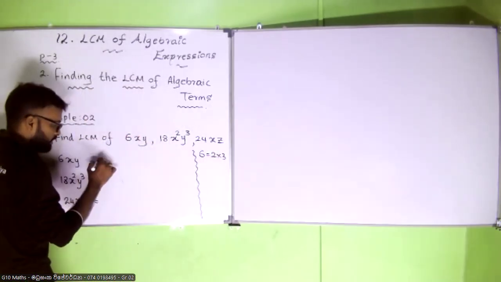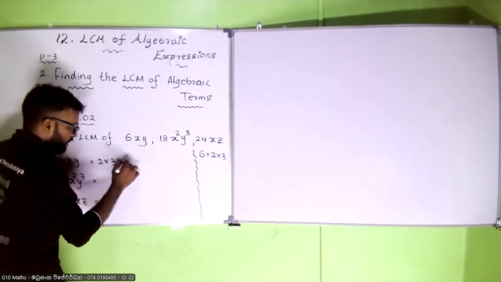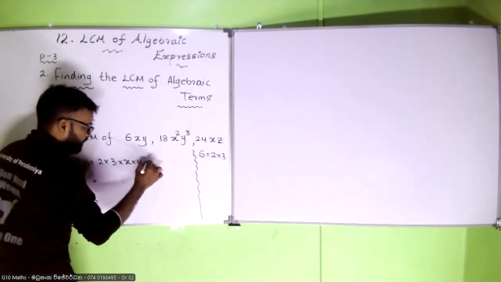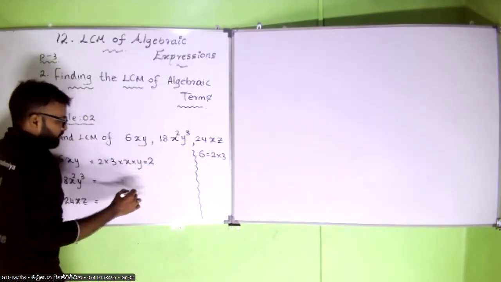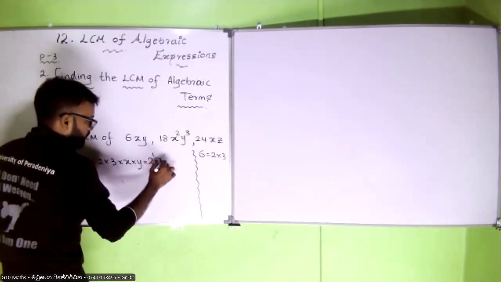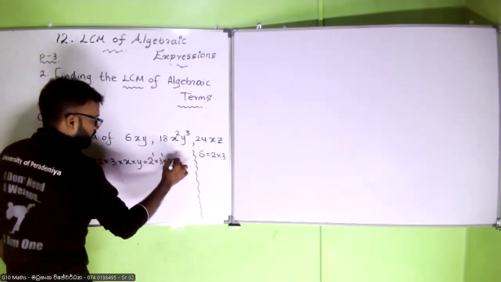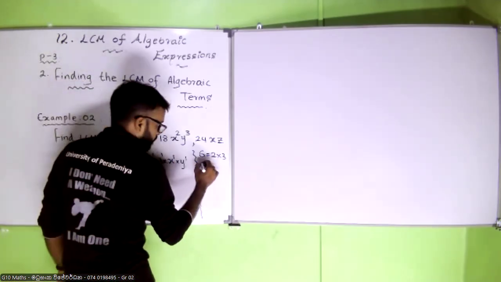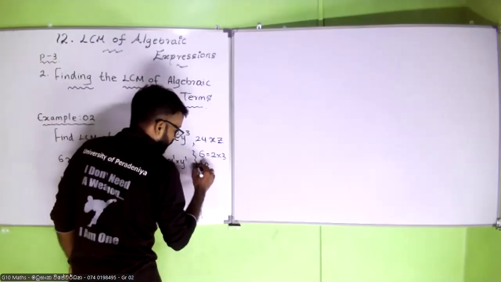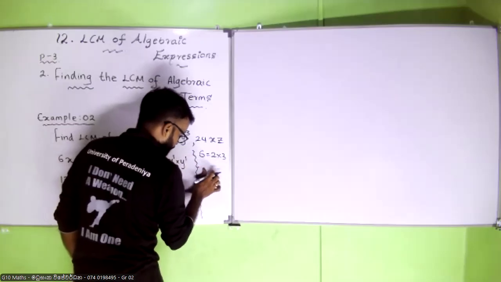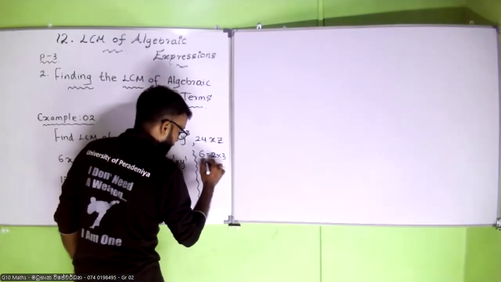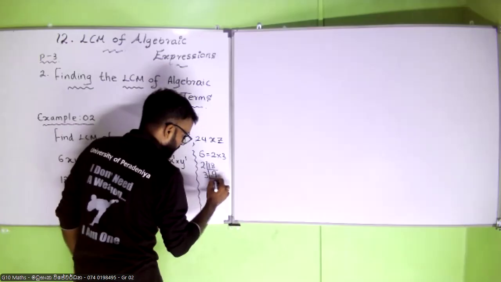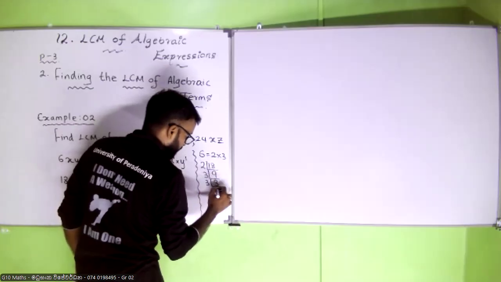So I can write it 2 times 3 times x times y. 2 to the power 1, 3 to the power 1, x to the power 1, y to the power 1. 18, so I have to divide 18. 2 times 9, 3 times 3, 3 times 1.